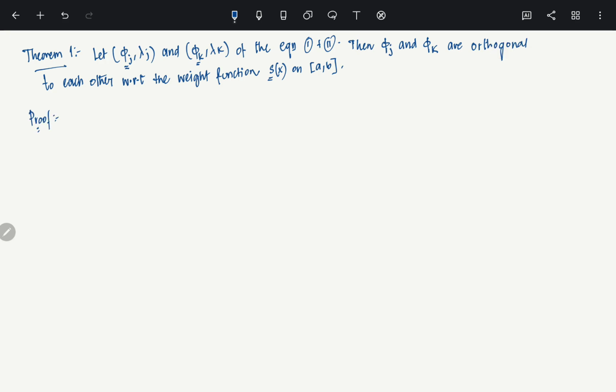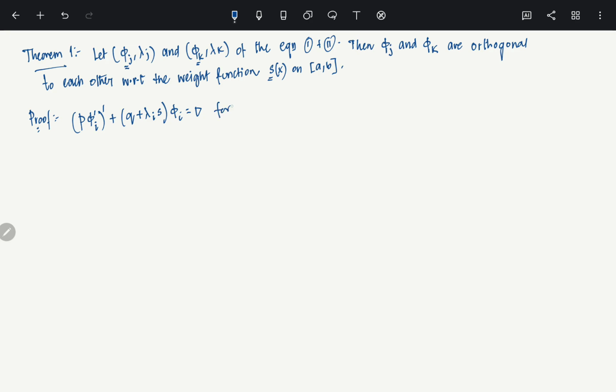Proof: if they both satisfy the equation, then you have (p phi_i prime) prime plus q plus lambda_i s, times phi_i, equals 0.